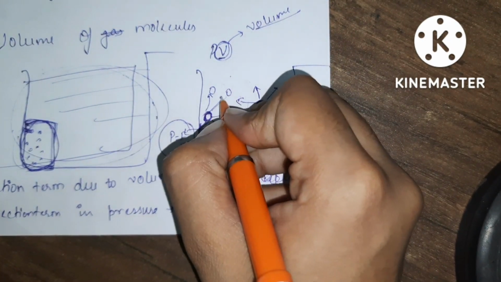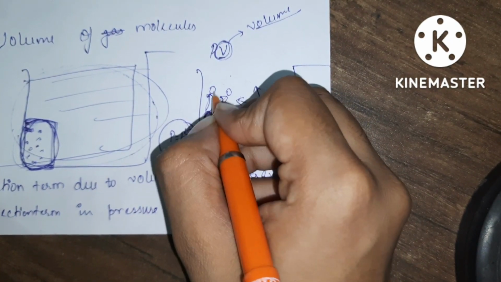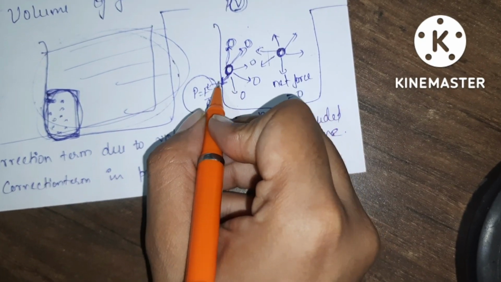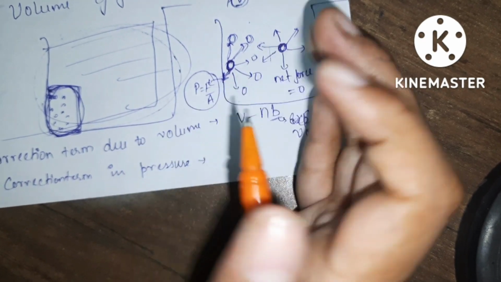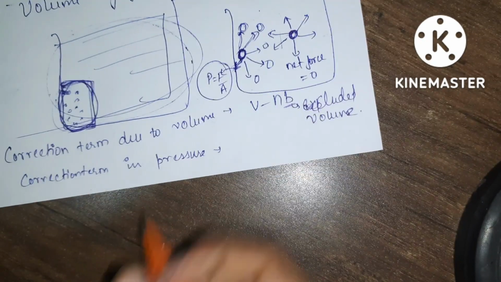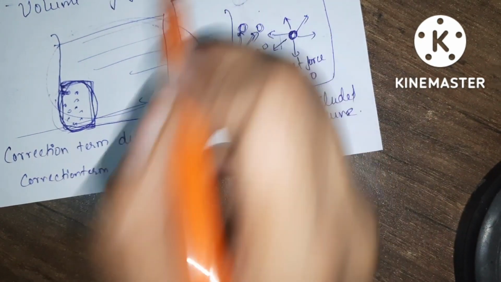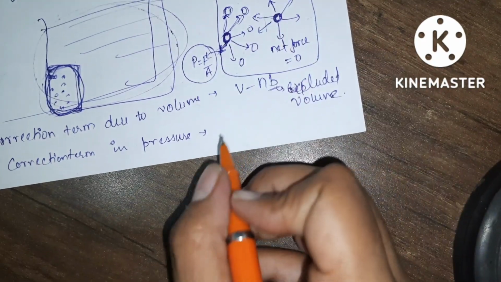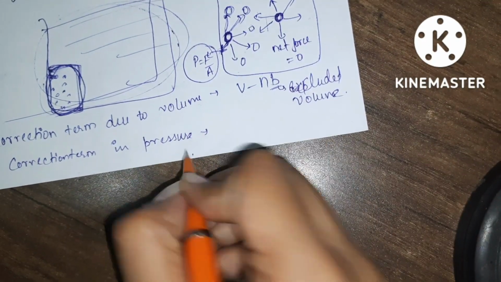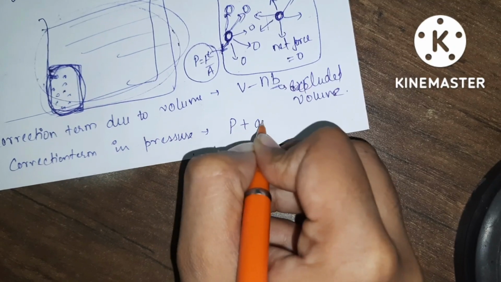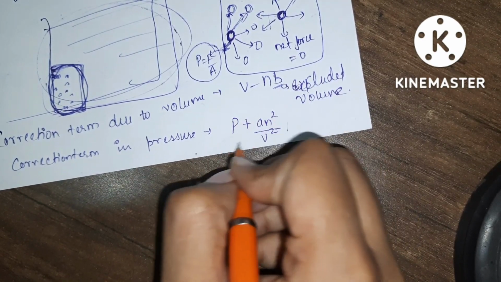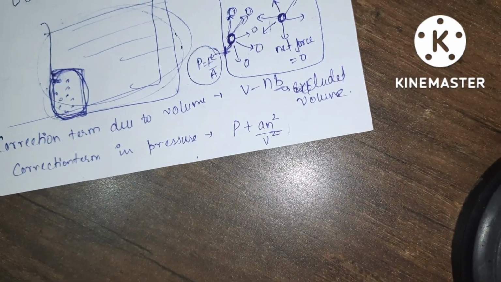But now it is attracted by the inward molecules, so the pressure applied on the wall is somewhat less than that of the ideal gas. We need to consider the attractive forces too for the pressure term. So P plus an squared by V squared is the corrected term for the pressure value.